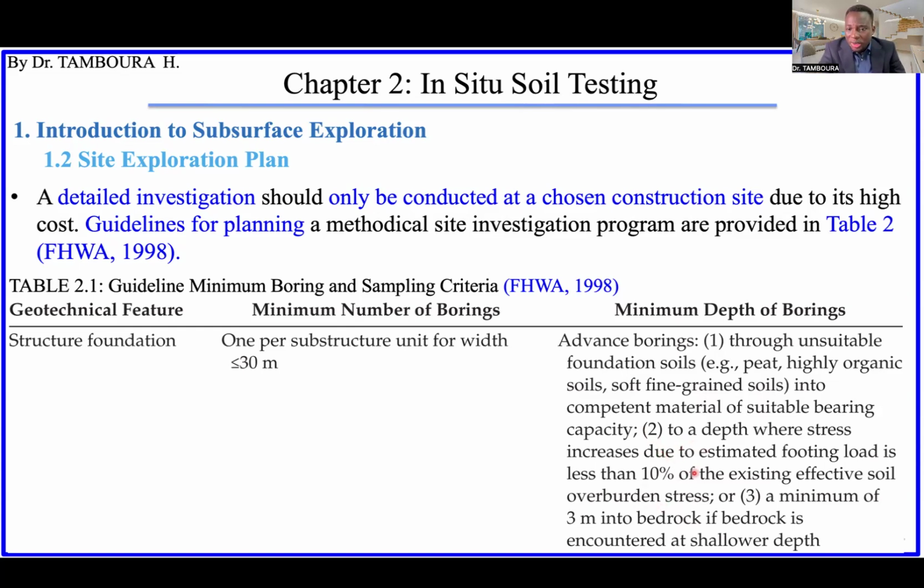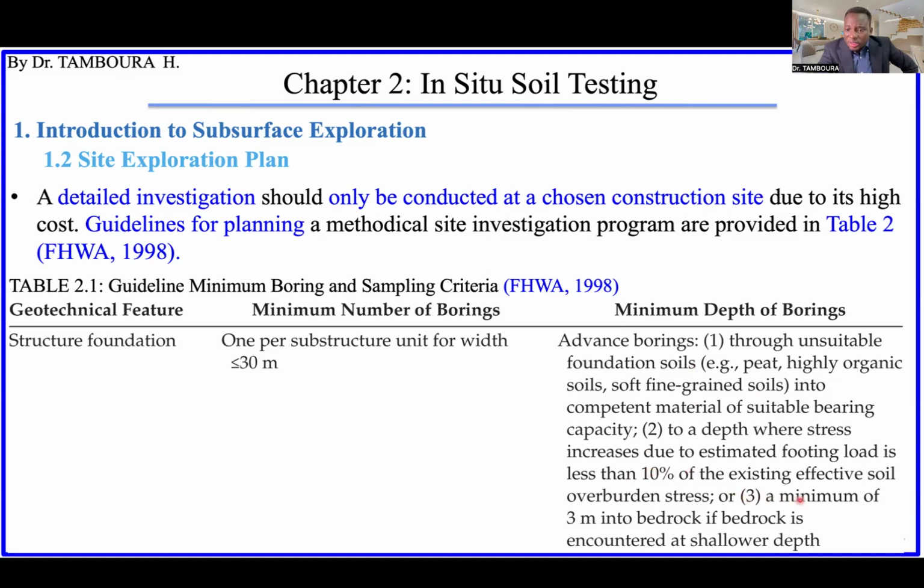But we will come back to this later. This is for the Federal Highway Administration, but we will also see another. I think the American Society of Civil Engineers is also giving the same recommendation.